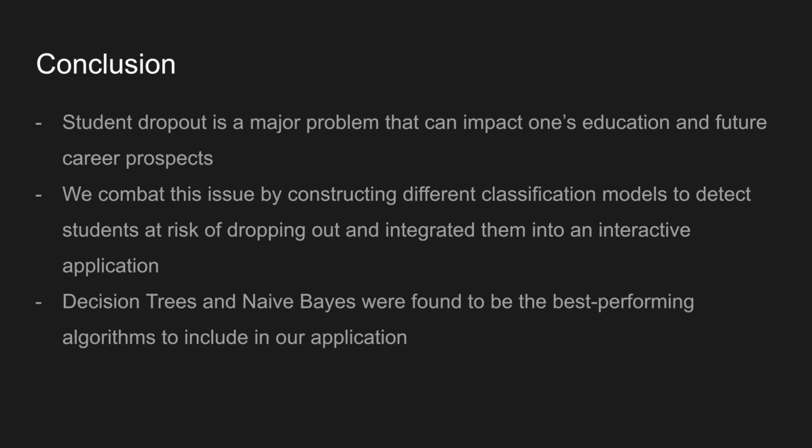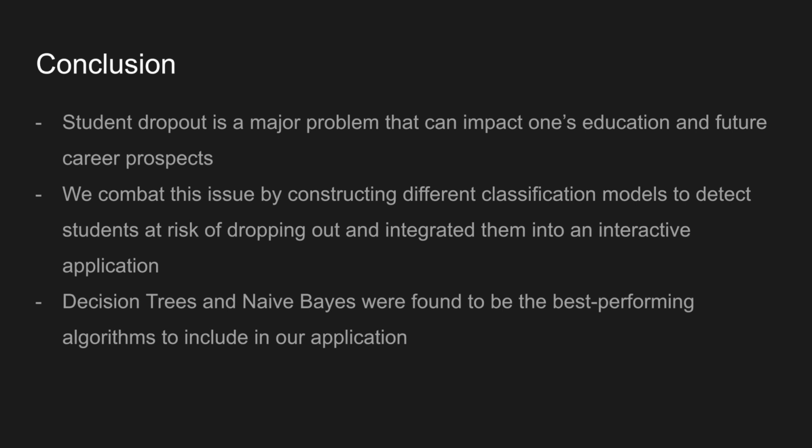So to wrap up, student dropout is a major concern that can impact one's education and future career prospects. And we try to combat this issue by constructing different classification models to detect students at risk of dropping out, and then integrate them into an interactive application to where educational instructors and administrators alike can predetermine which students are at a higher risk of dropping out, and hopefully take preventative and proactive measures against this.